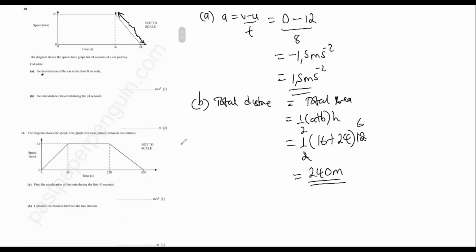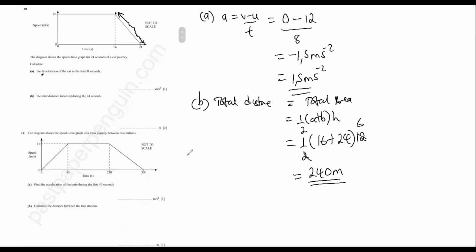Okay. And then number 14, the diagram shows the speed time graph of a train journey between two stations. Find the acceleration of the train during the first 40 seconds. Arno, this one is yours. Yes, please.